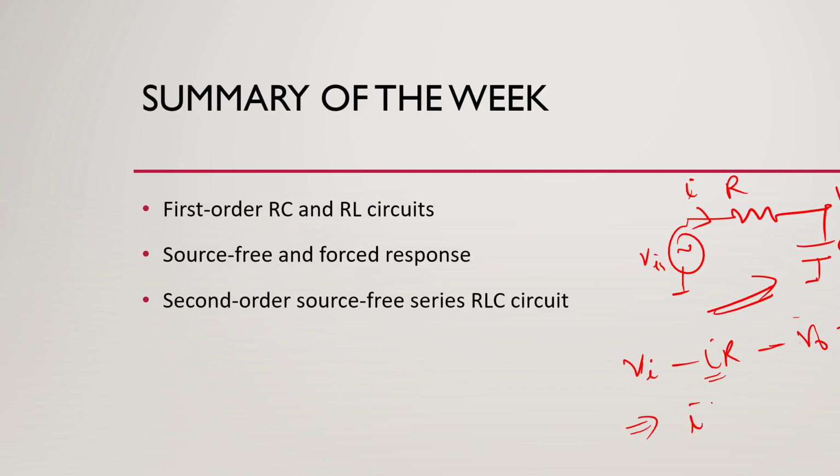This I is equal to C dV0 by dt. So let's replace that. This will become VI minus RC dV0 by dt minus V0 is equal to 0. So you see, this is a first order differential equation in the variable of interest V0, isn't it?